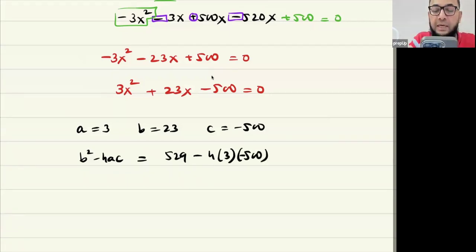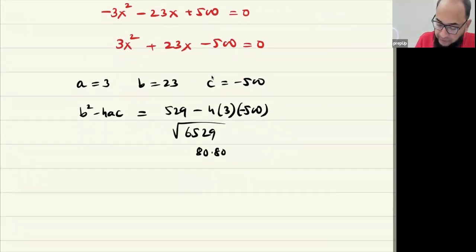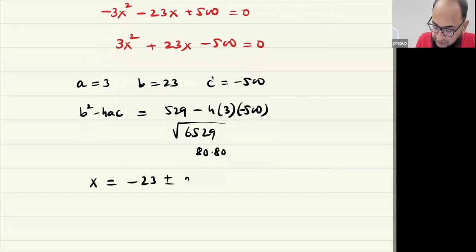So that's 4 into 3 into 500. That is 6,000 plus 529. That is 6529. Now I'm taking the square root. That comes out to be 80.80. So the square root of this thing is 80.80. So therefore x is equal to minus b plus minus square root of b square minus 4ac, divided by 2 times 3.